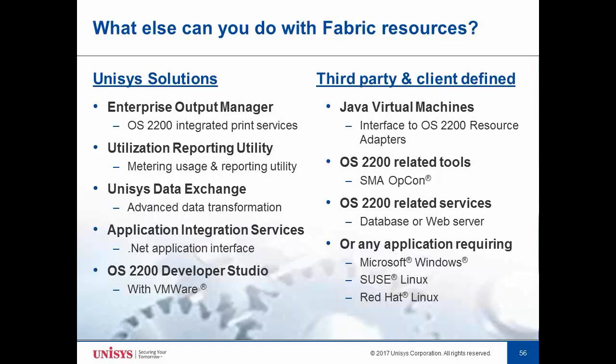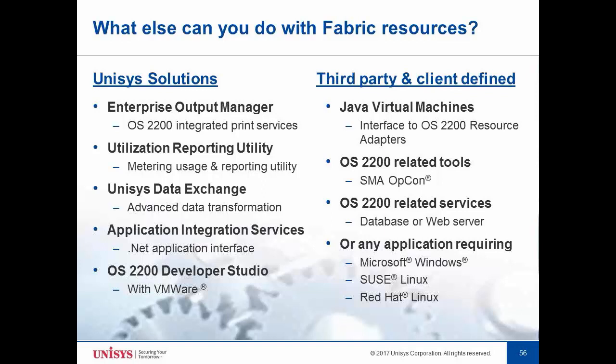Enterprise output management is again integrated print services that's part of an overall OS 2200 print environment. That would be well suited for implementation on an EPP. Our metered systems on OS 2200 have a utilization reporting utility that captures the metered usage and reports it back to the billing offices at Unisys, and that can run within the fabric.